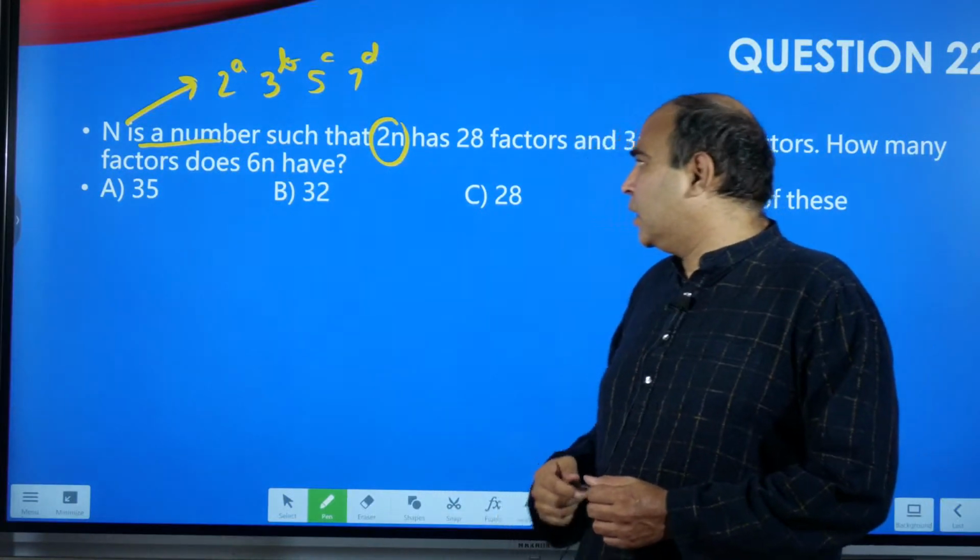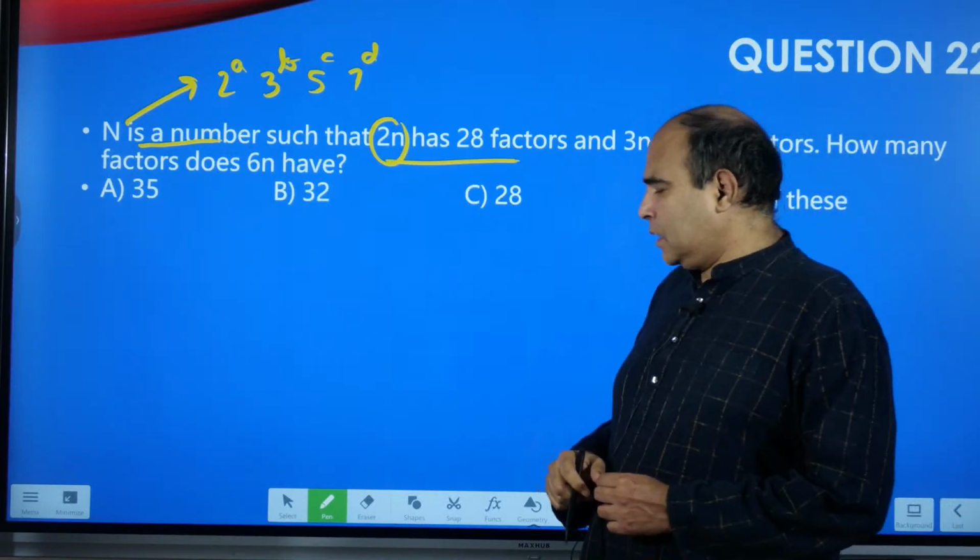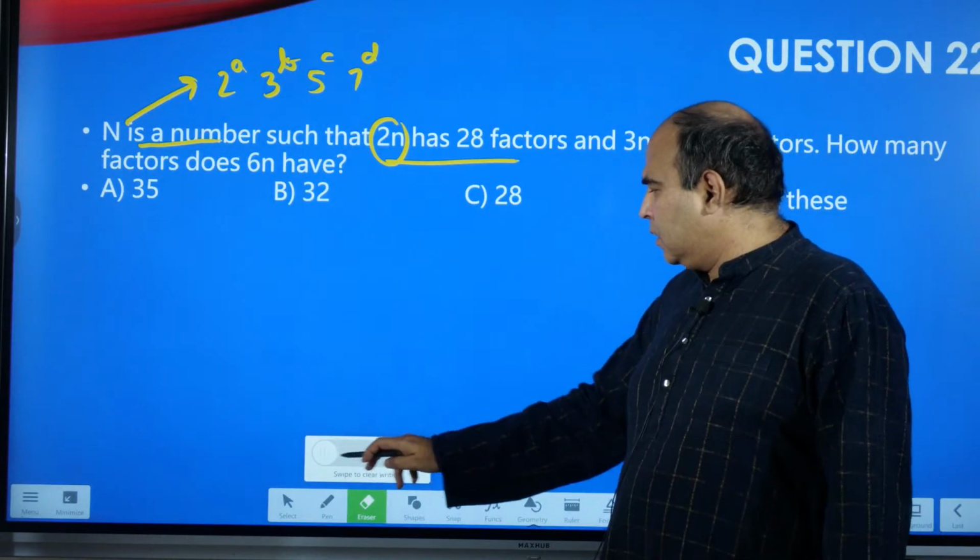But the first clue that comes is the trigger that 2n has 28 factors.